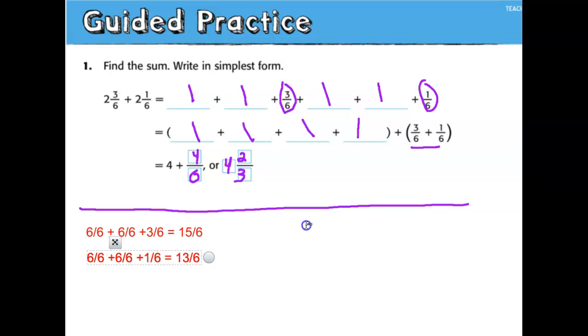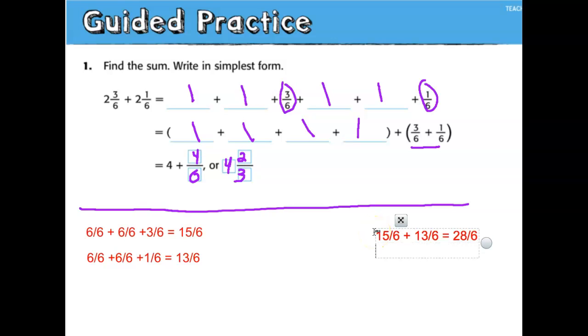So now I'm going to add 15/6 plus 13/6. And what does that equal? Take a moment to think about what does 15 plus 13 equal. Okay, so I have 28 over 6.